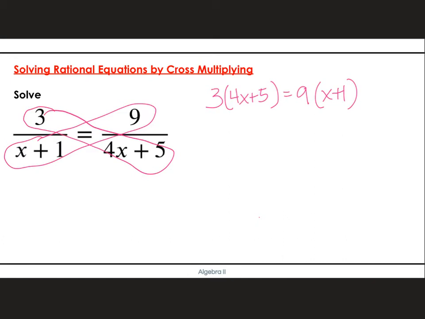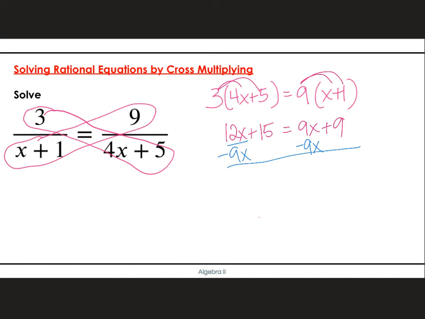And then from here, I'm just going to do regular distributive property. So 3 times 4x gives me 12x, and 3 times 5 gives me 15. And that's equal to 9 times x, which is 9x, and then 9 times 1, which is 9. I see that my larger x is the 12x, so I'm going to subtract 9x from both sides.